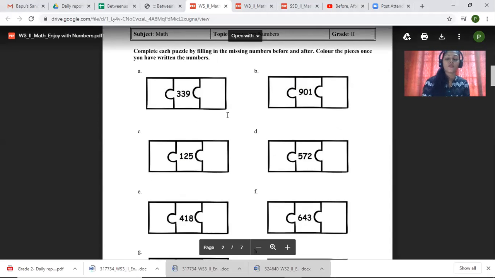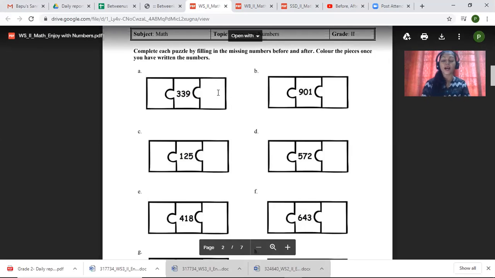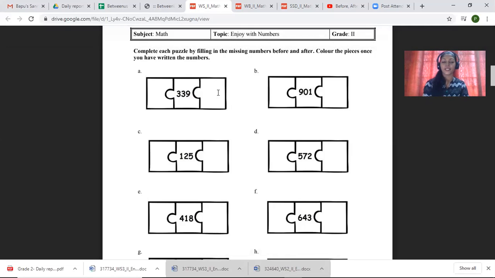Okay, so the first one, we have the number 339. So the between number is 339. You have to write what comes before 339, what comes after 339. Think and write.